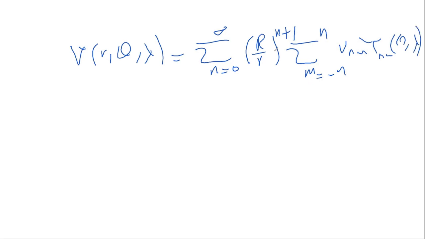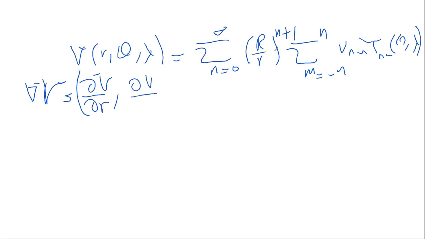If you take the derivative, what is the gradient? Gradient of V will be the derivative of V with respect to r, derivative of V with respect to r theta, and derivative of V with respect to r sine theta d lambda.